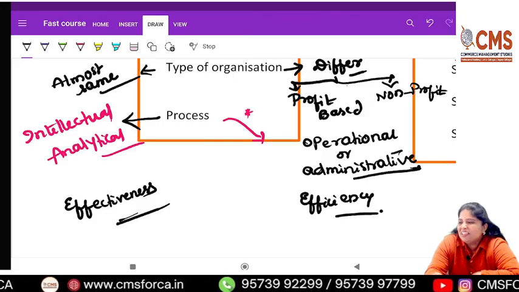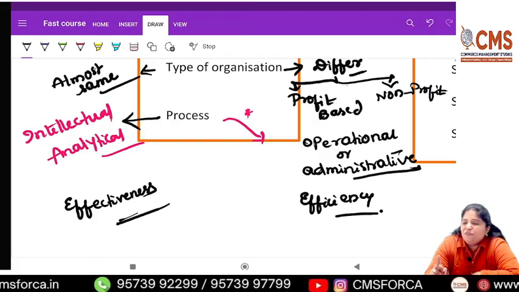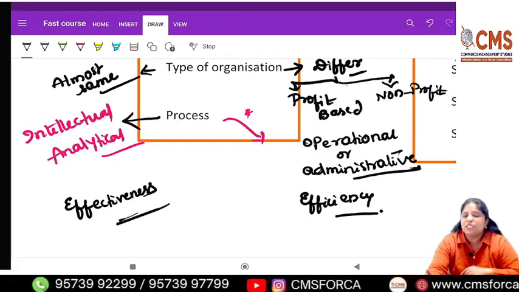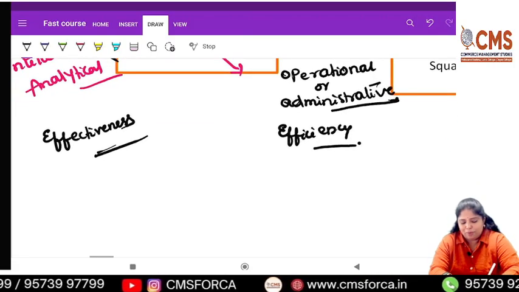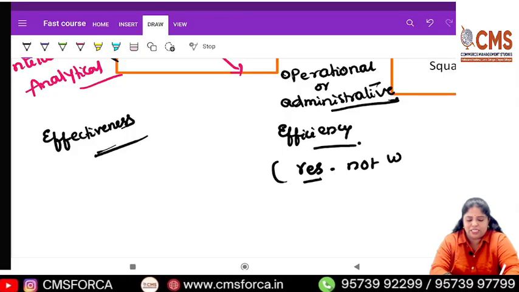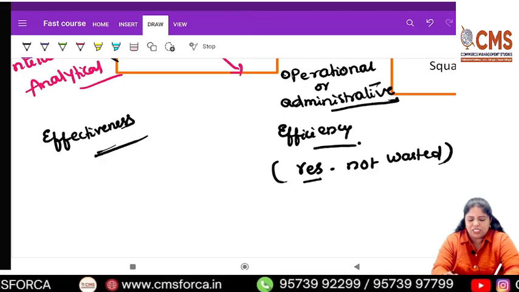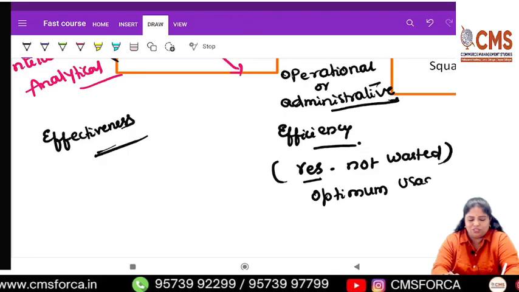Efficiency relates to implementation of strategies, and moreover, efficiency ensures that resources are never wasted. You have to make a note of the point, resources not wasted. So efficiency ensures optimum usage of resources.